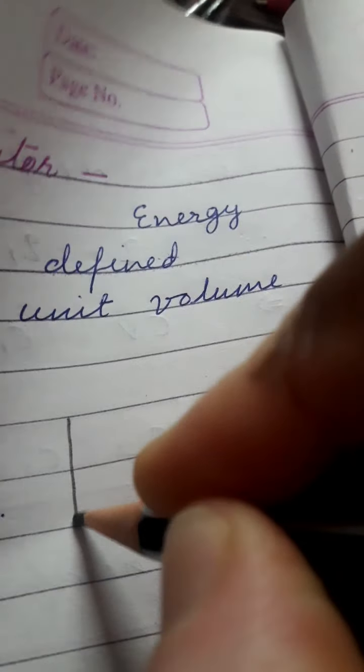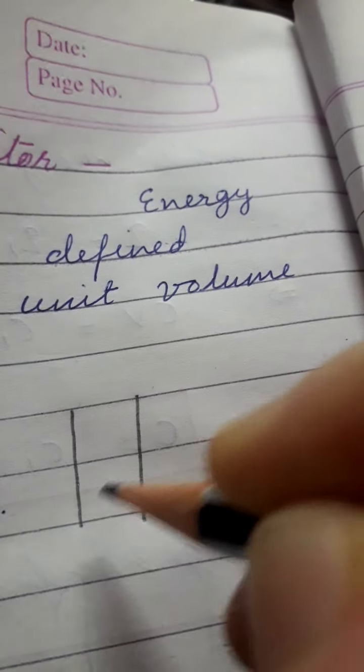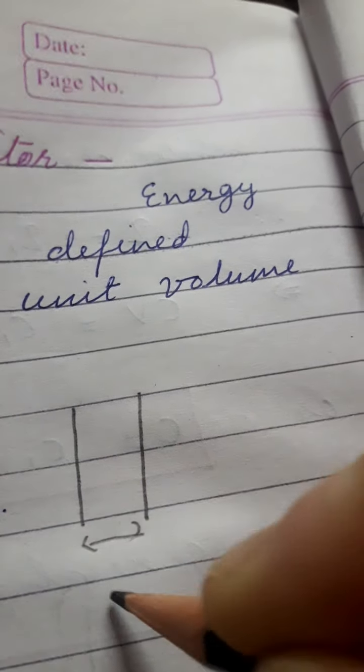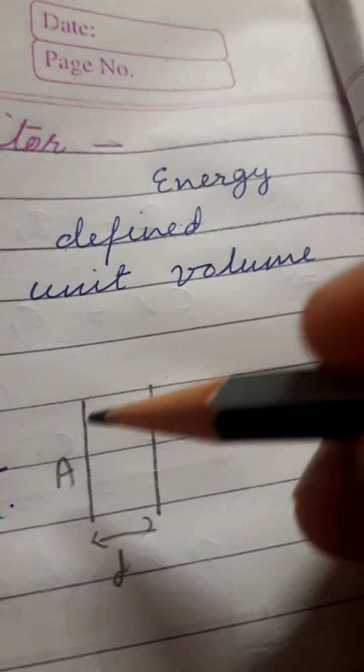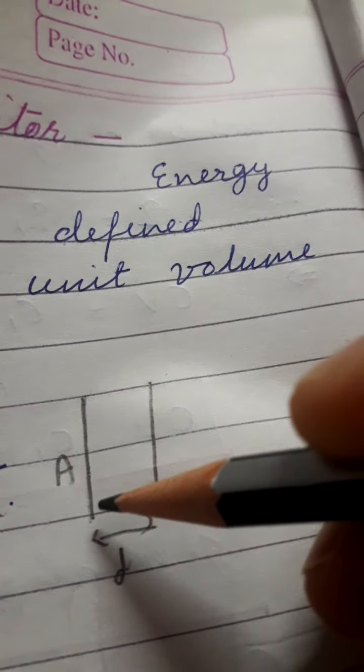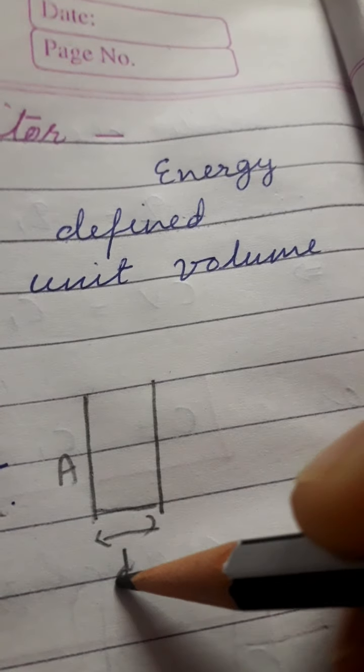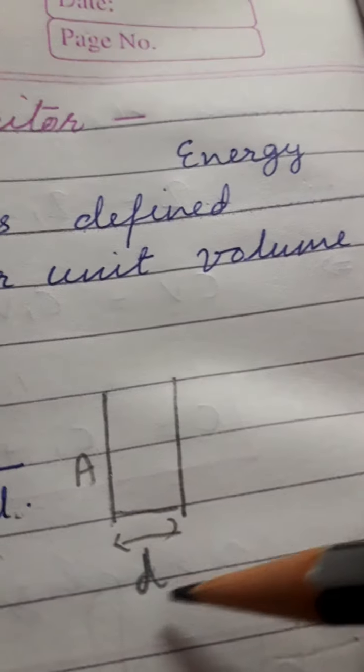You can see, we can understand by a diagram, this is a capacitor and this is the distance between the plates. Suppose that is D and area of plate is A. What will be the volume? That means this area multiplied by this distance will represent the volume of the capacitor.